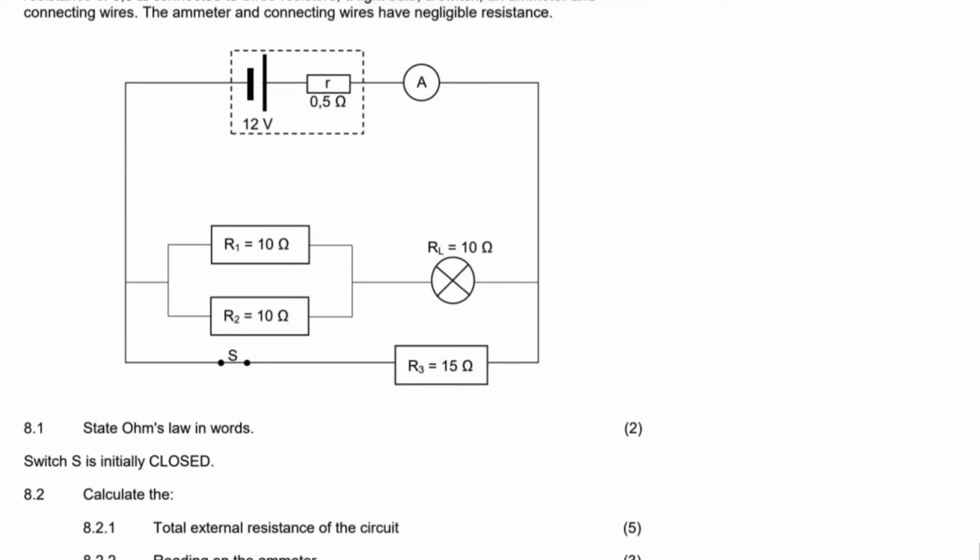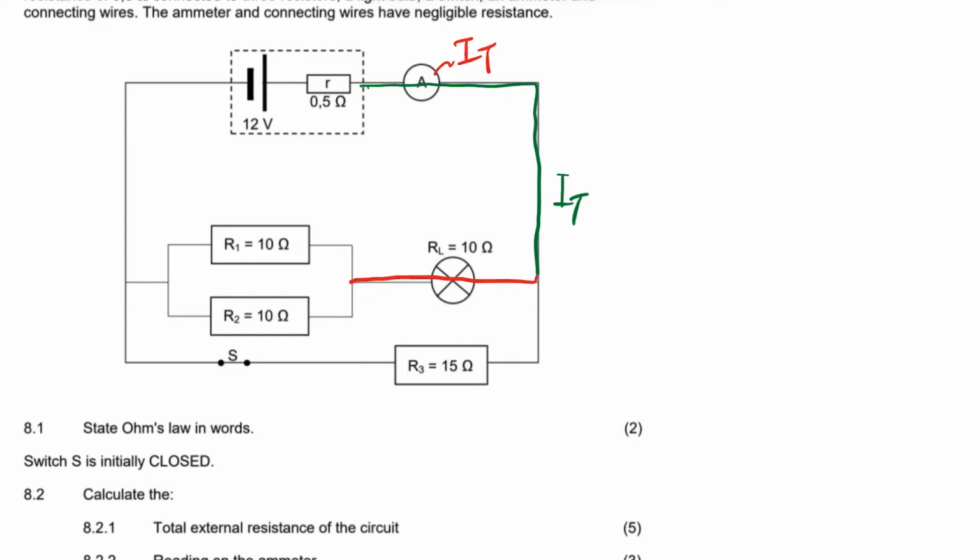Let's look at our circuit. The current will come from this side from the battery, and then it passes the internal resistance, and then it passes the ammeter, which reads the total current, and then goes there, still a total current. When it gets there, there's a split.